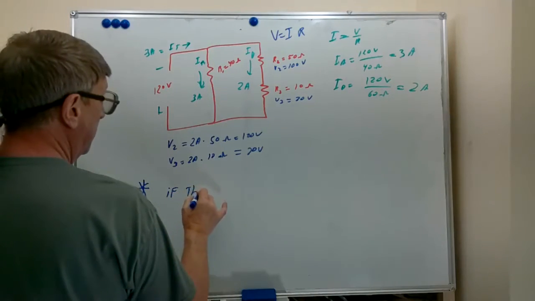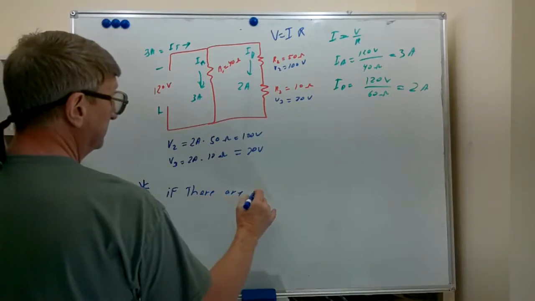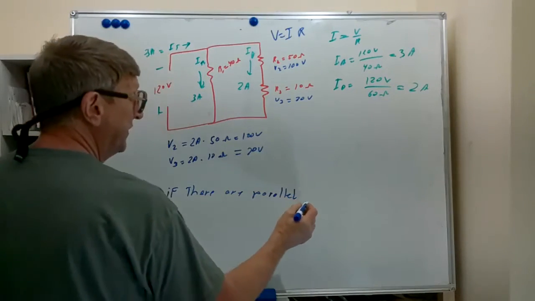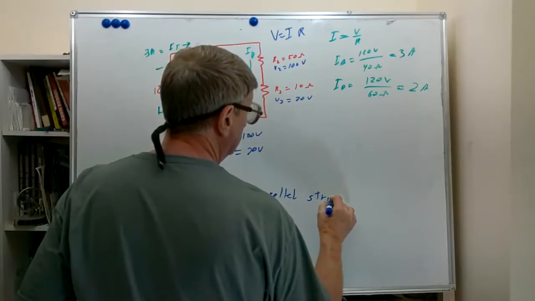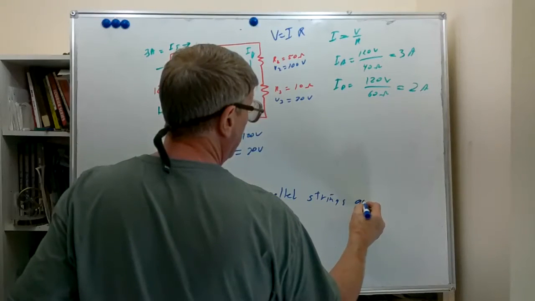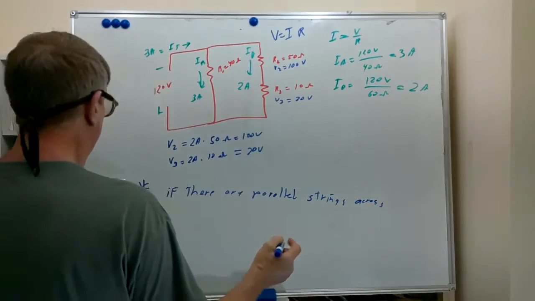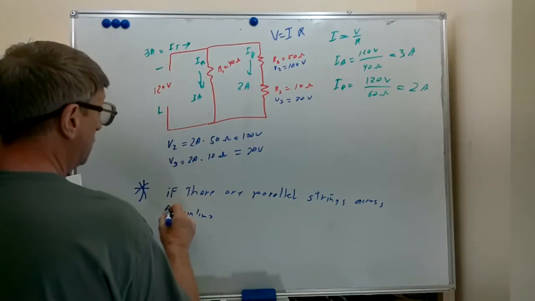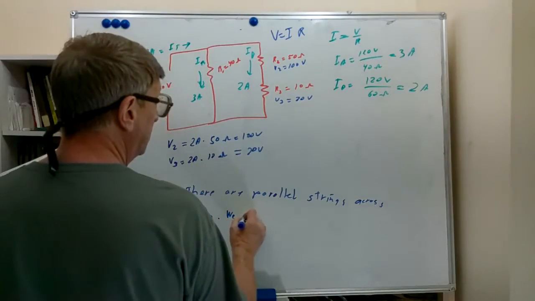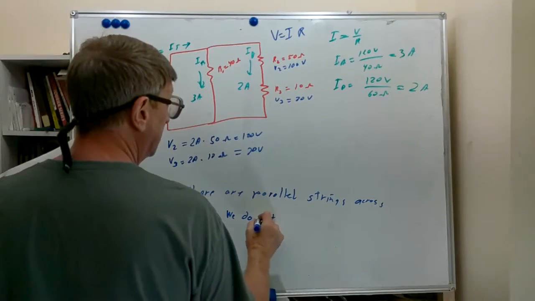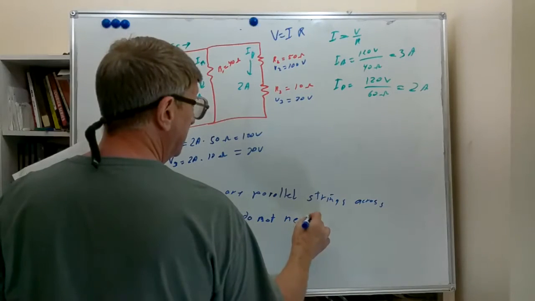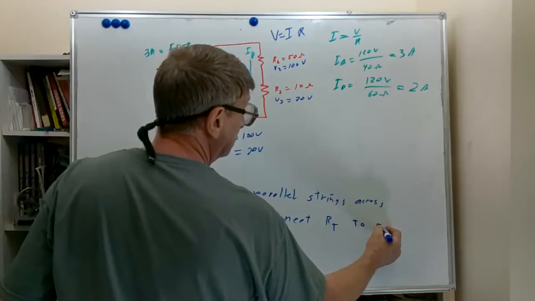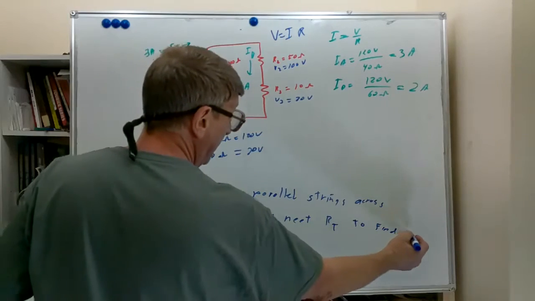If there are parallel strings across a main line, we do not need our total, or what we sometimes call our equivalent, to find IT.